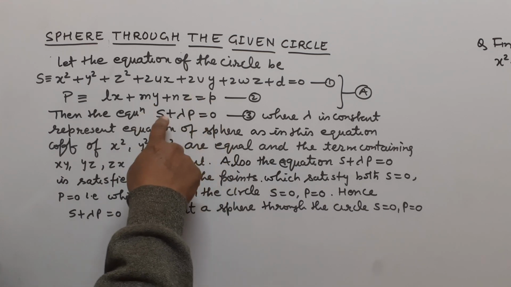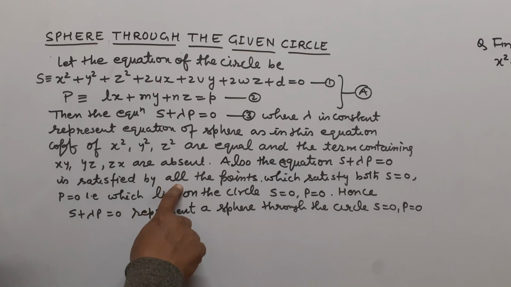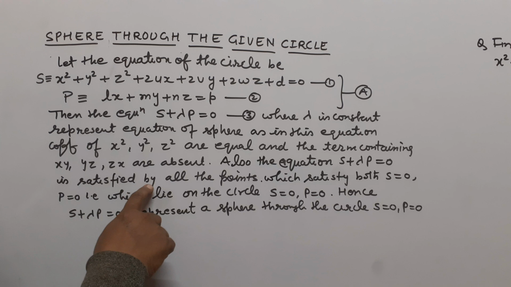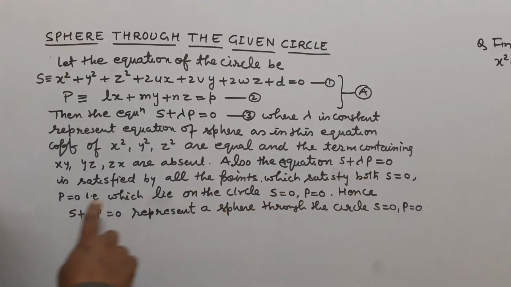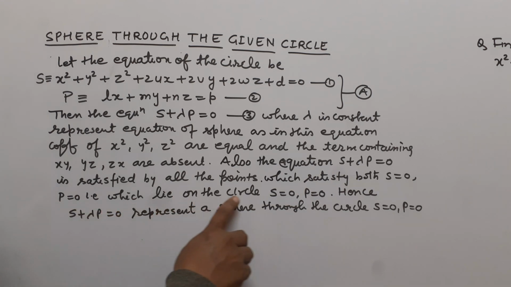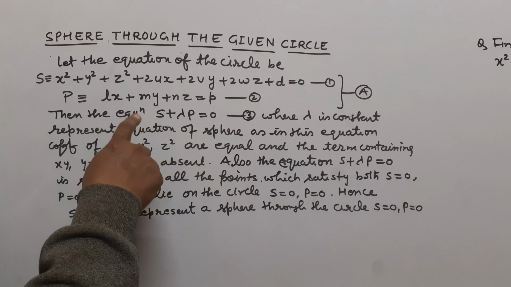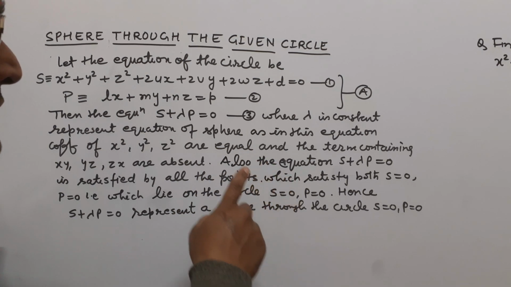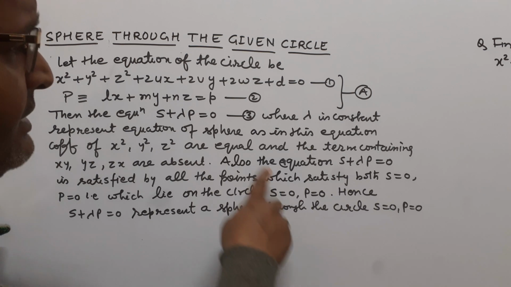Also, this equation S plus lambda P is equal to 0 is satisfied by all the points which satisfy both S is equal to 0, P is equal to 0, that is, which lie on the given circle.